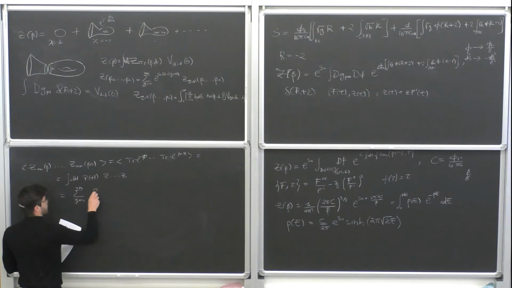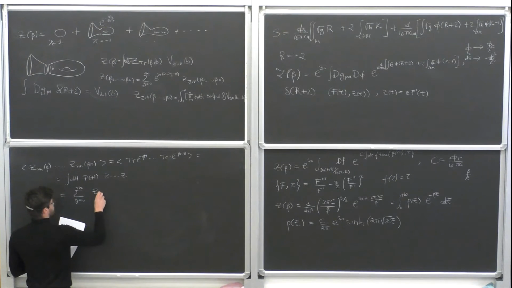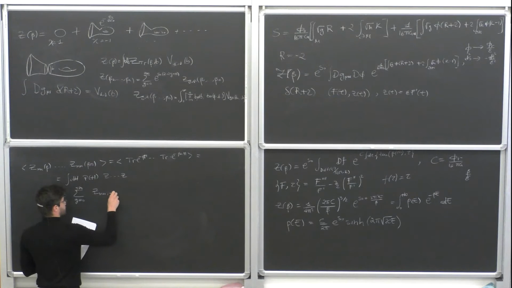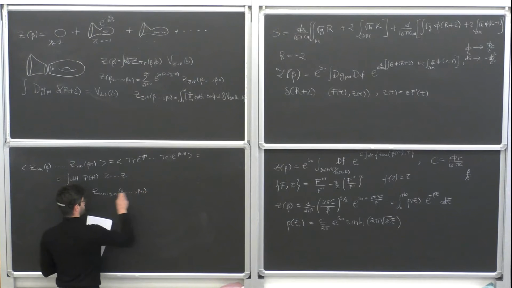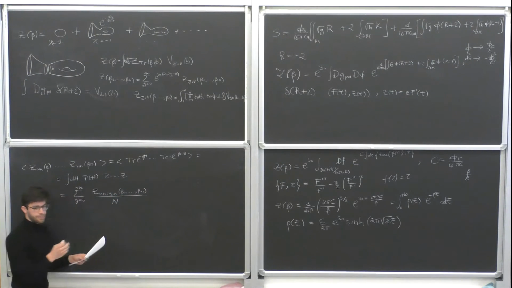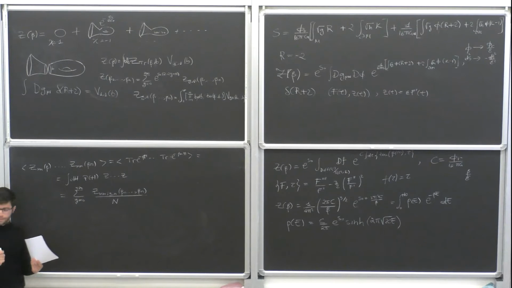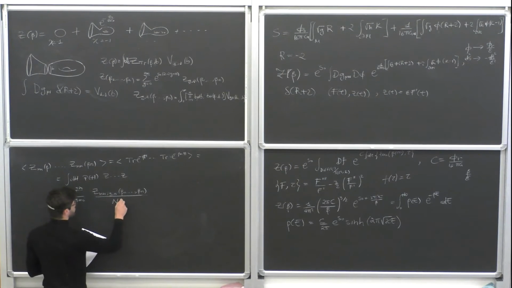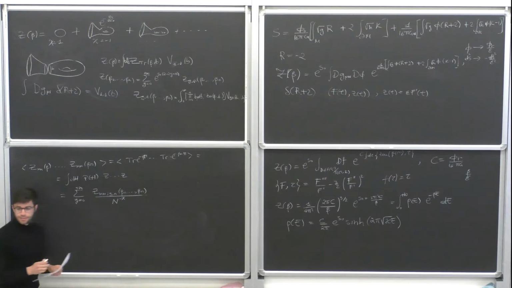You have zeta, let me write those in this way, although it is not precise. And here you have N, which is the dimension of the matrices, the parameter that you're expanding with respect to, to the minus the Euler characteristic of the manifold you have to embed your 't Hooft double line expansion diagram into.